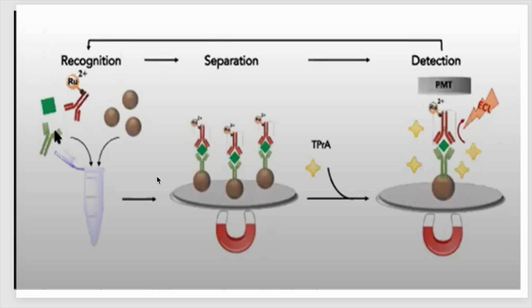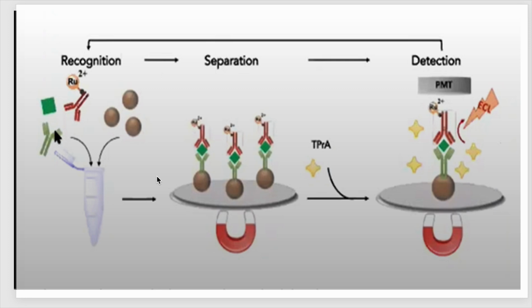Then they target the antigen and make a sandwich. Then microbeads coated with streptavidin are applied to the solution to form a strong bond with the biotin. Then the solution is aspirated into the measuring cell with a magnetic field, and it is washed.